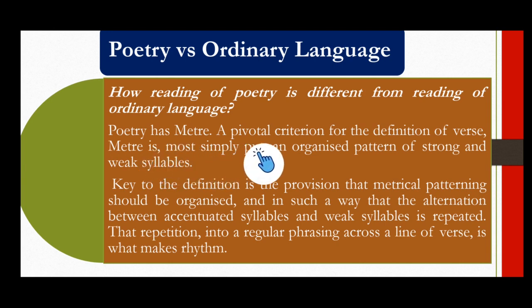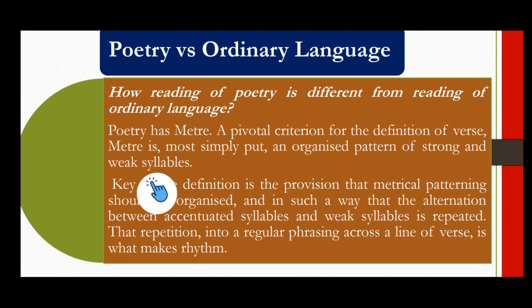A pivotal criterion for the definition of meter is, most simply put, an organized pattern of strong and weak syllables. So when you organize strong and weak syllables in a line of poetry, you are forming a meter.